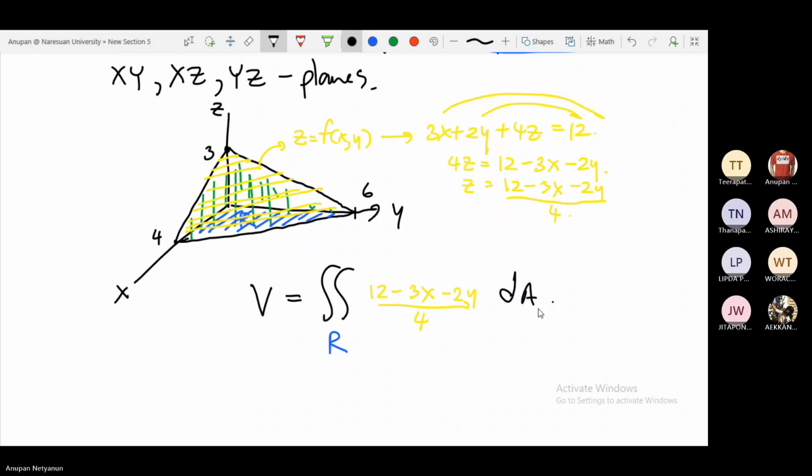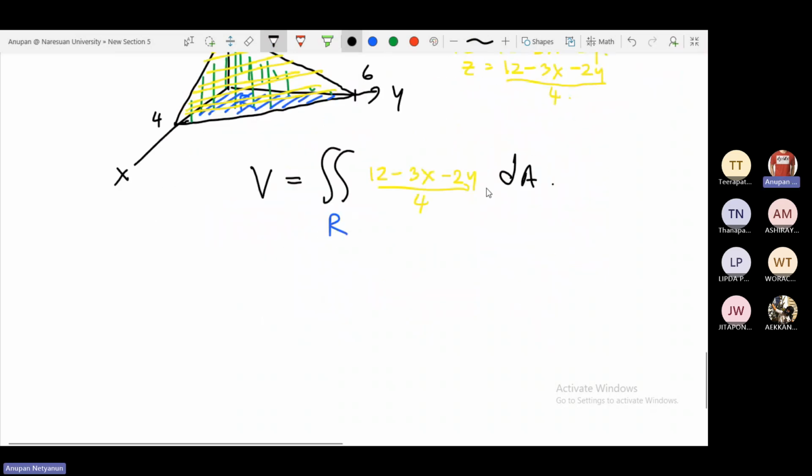Now, let's select the order, right? When you want to change dA to be dx dy or dy dx, we better look at the graph of your region R. Okay.